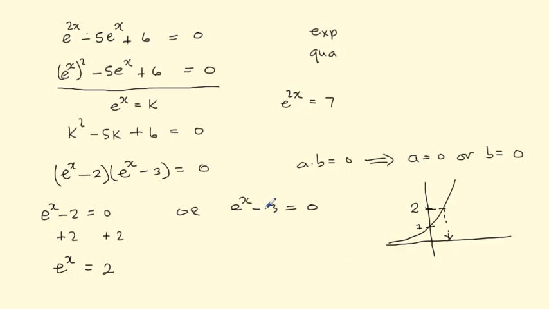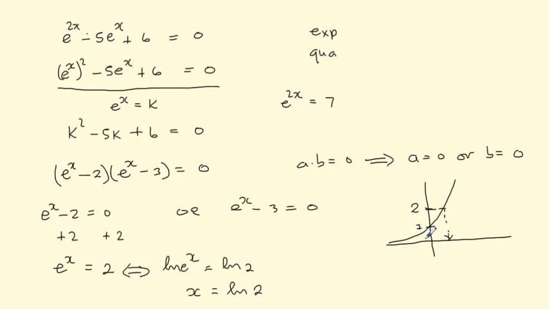Similarly, we can do that for this one. Applying what we just saw before, this is equivalent to ln of e to the power of x equals ln 2. And then we know what we're going to get here. We're simply going to get x, and then we get that x is equal to ln 2.